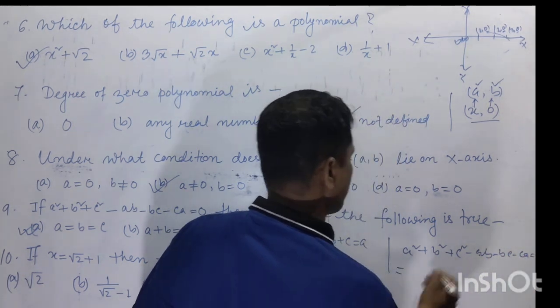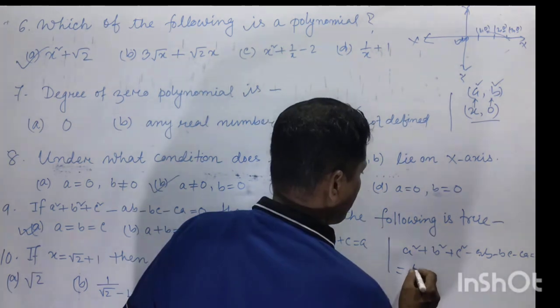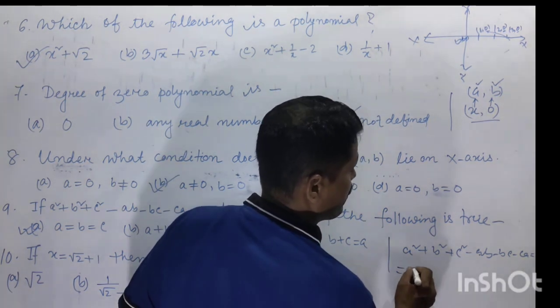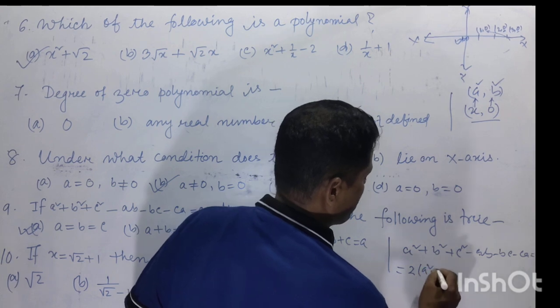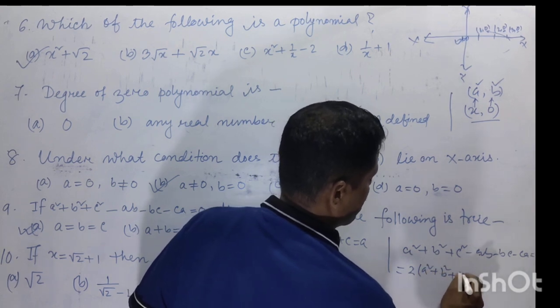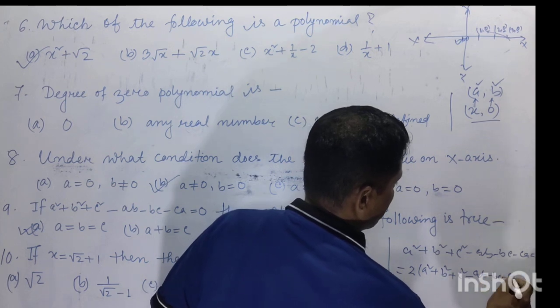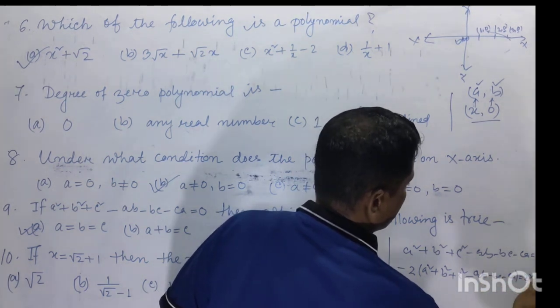If we multiply both sides by 2, then a square plus b square plus c square minus ab minus bc minus ca is equal to 2 into 0, that is 0.